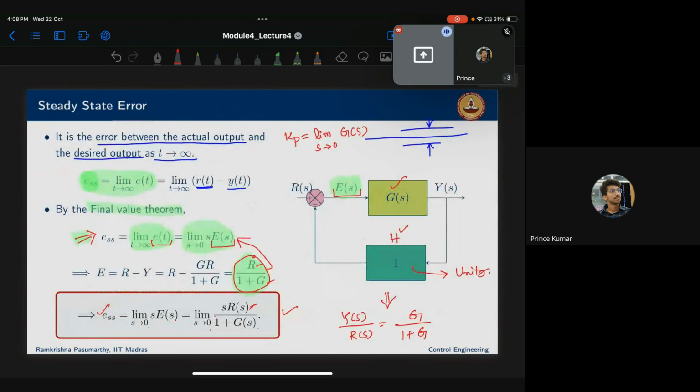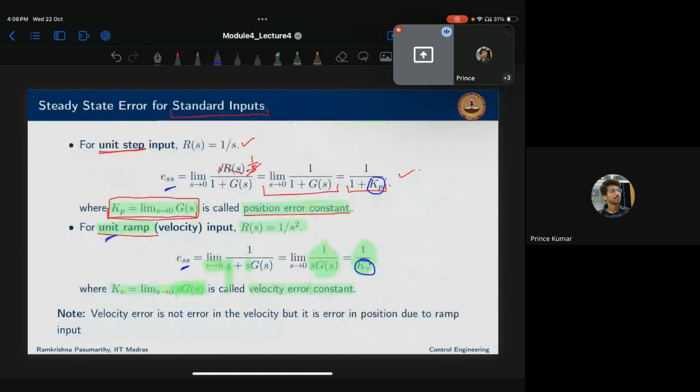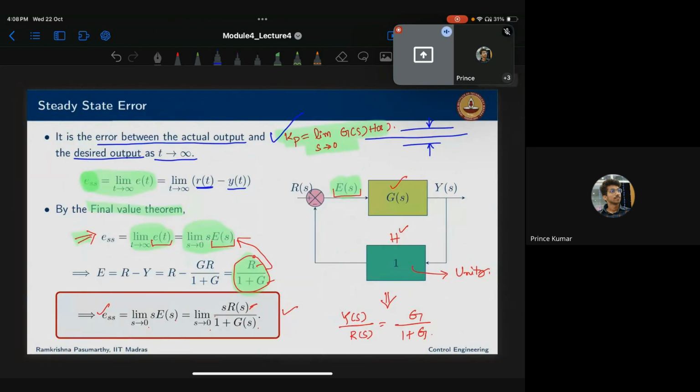If that feedback is not unity, you will get H of S also here. Yes, this is correct. For unity feedback this is the definition. For general H, this is the definition. Yes, sir, this is what I was asking. Thank you, sir.